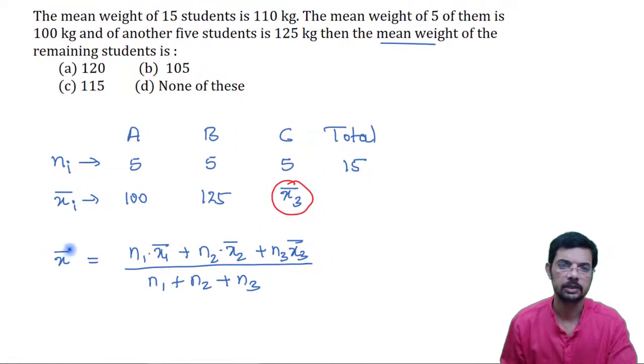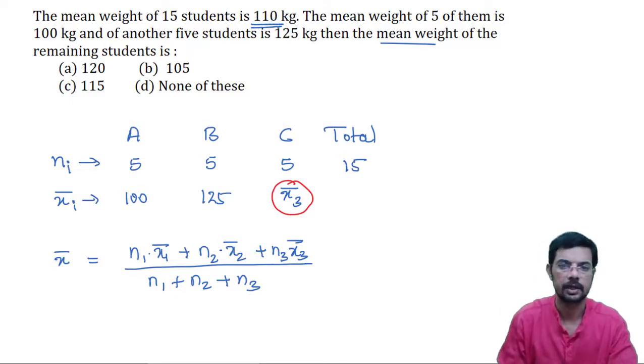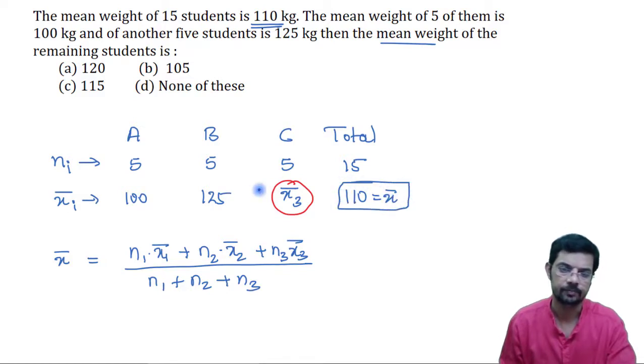Here x bar is given to us as 110 kg. So we shall write that down here: x bar is equal to 110 kg.